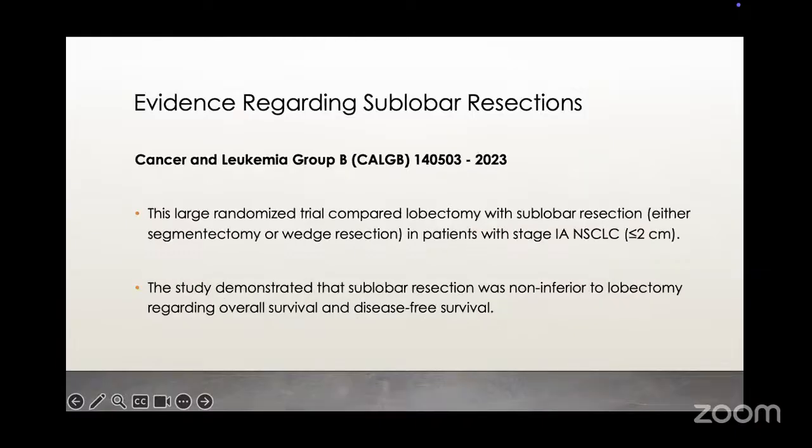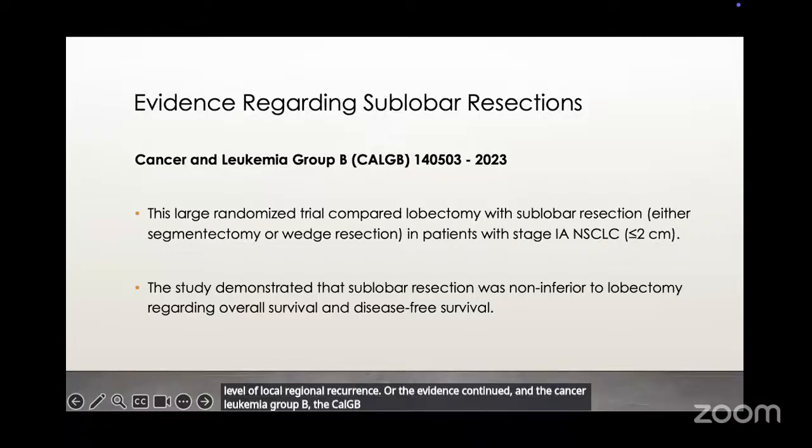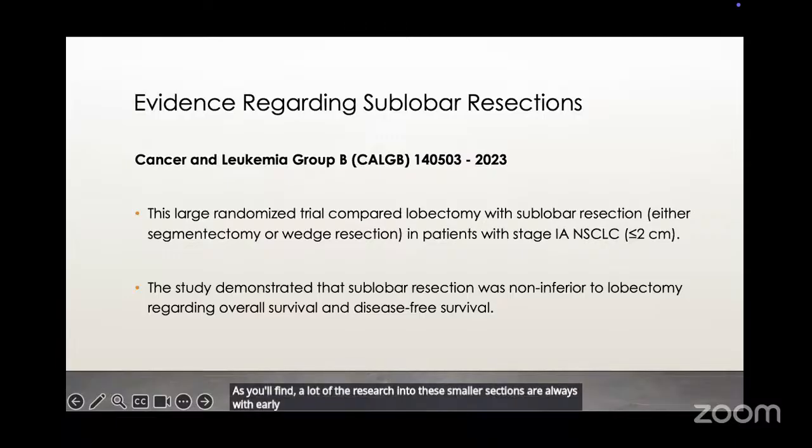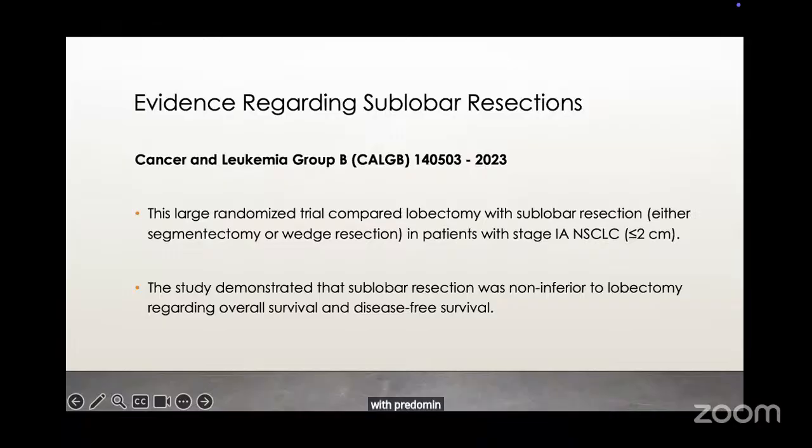Now, the evidence continued, and the Cancer and Leukemia Group B, the CALGB group, in 2023 did a large randomized trial comparing lobectomy with sublobar resections, either segmentectomy or wedge resection, in patients, again, stage 1A non-small cell lung cancer. As you'll find, a lot of the research into these smaller resections is always with early stage disease with predominantly small peripheral tumors.